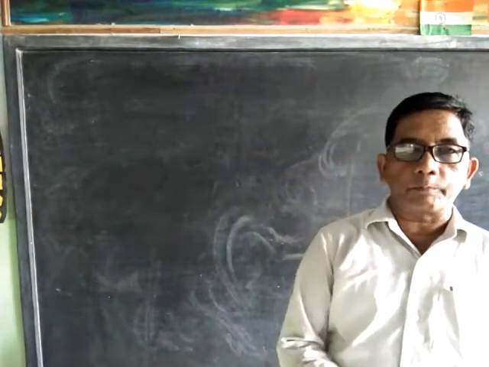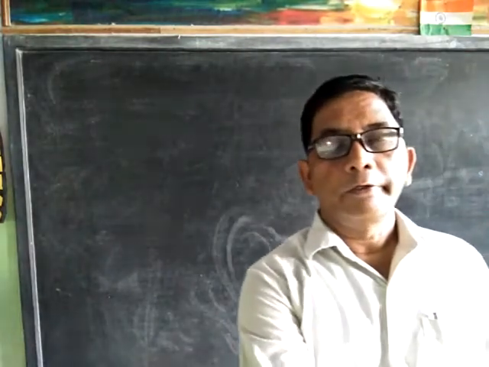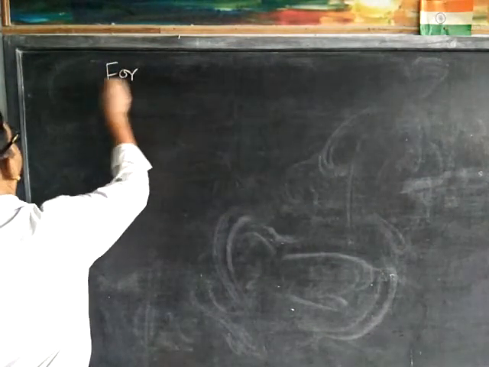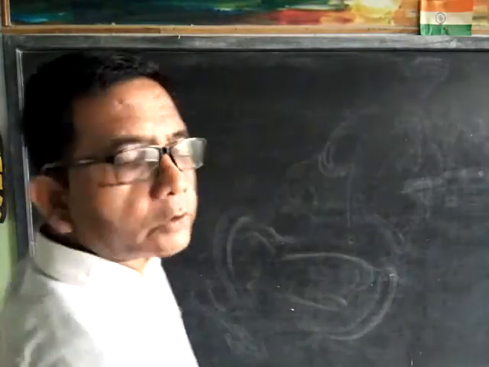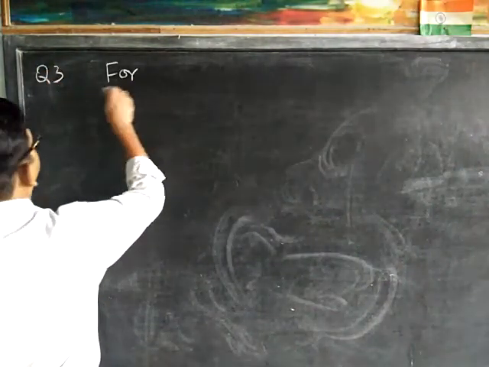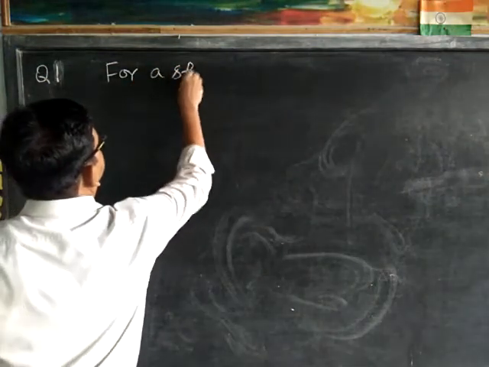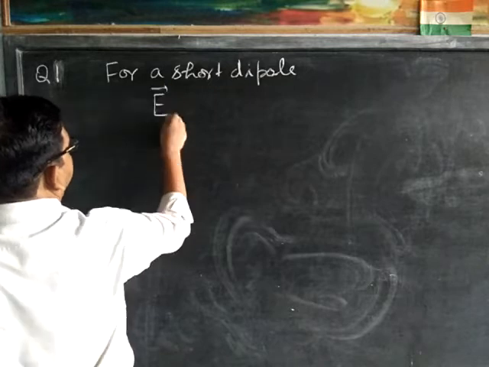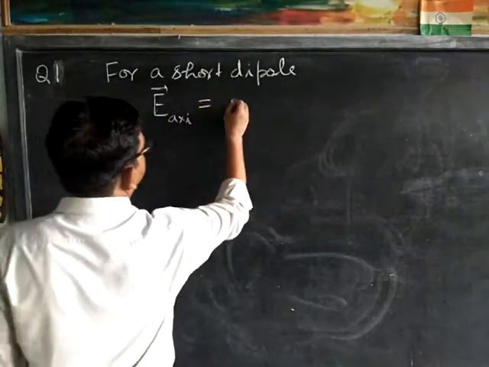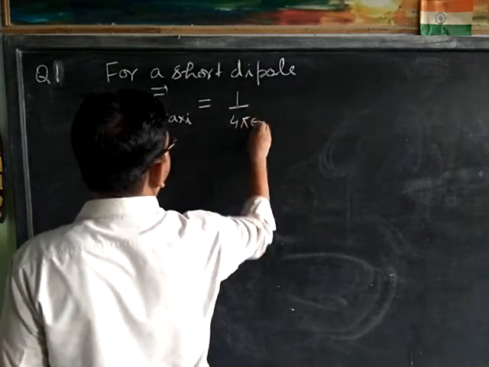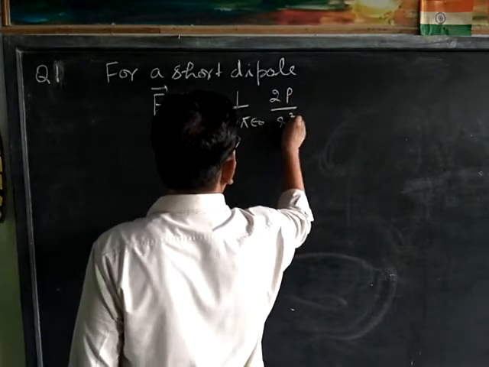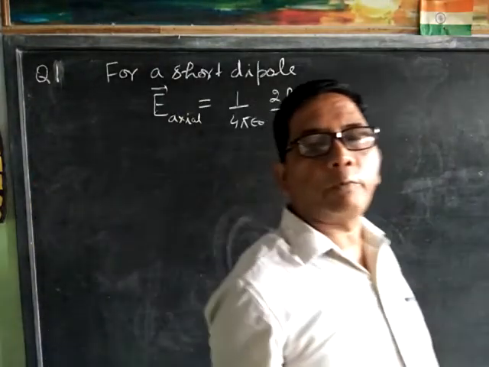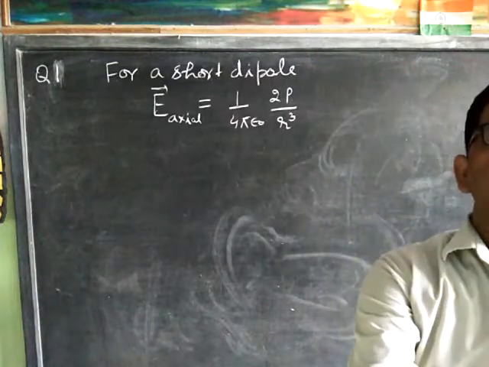Now for a short dipole, we know the electric field at an axial point of the dipole is 1/4 pi epsilon naught into 2p upon r cube.